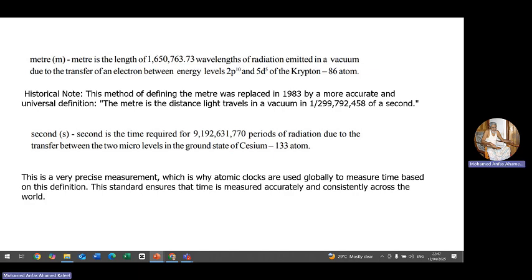Historical note: this method of defining the meter was replaced in 1983.